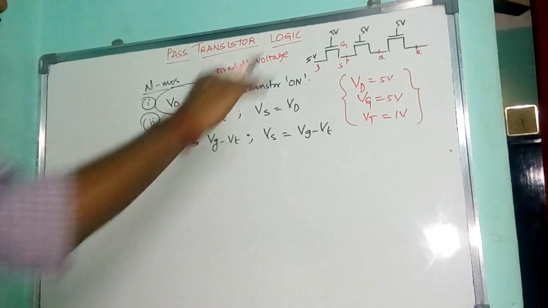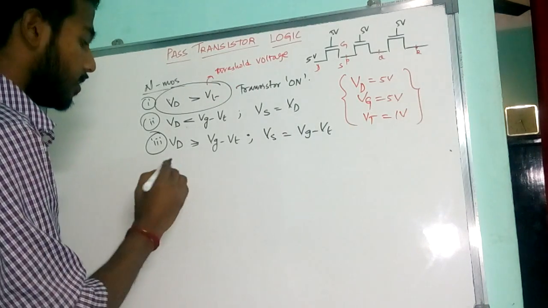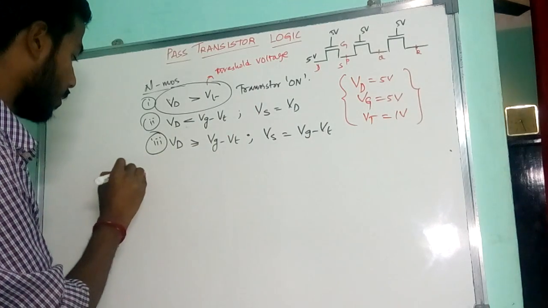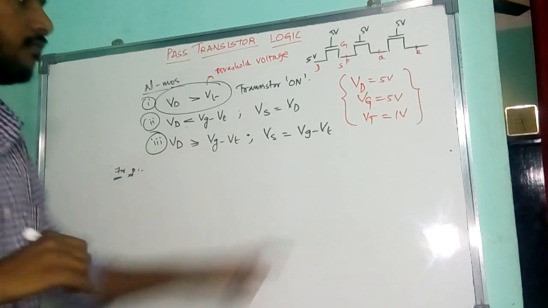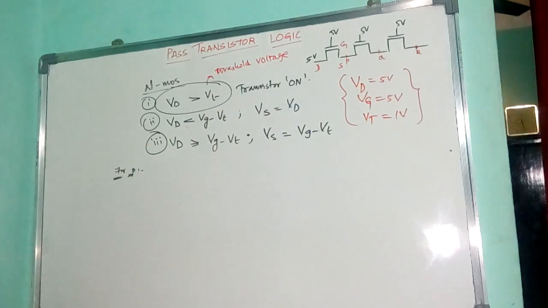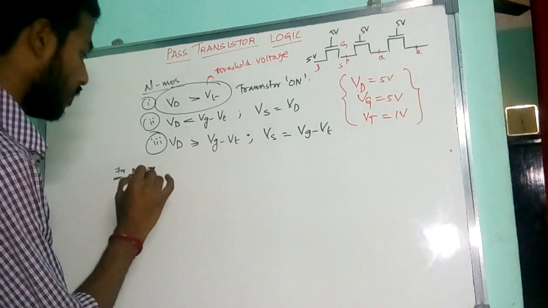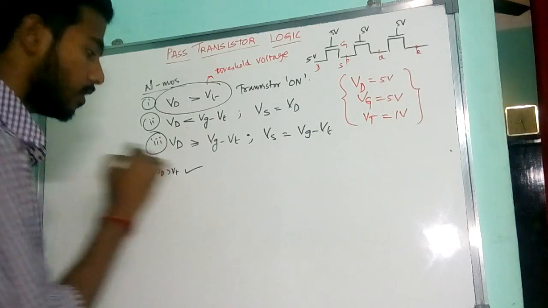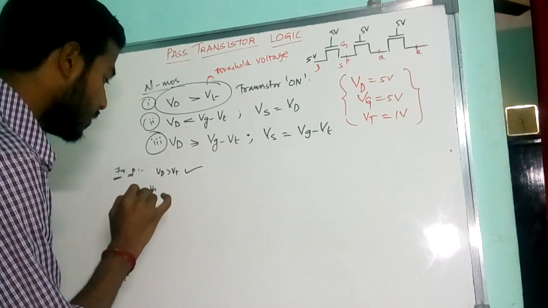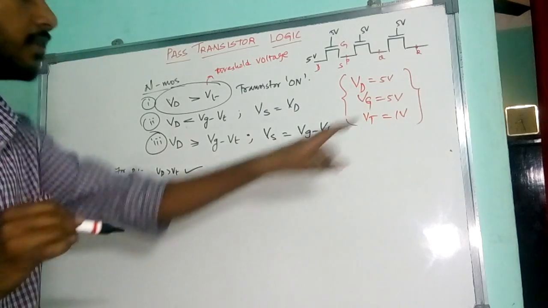Now we'll go into the sum. For the first transistor, for finding the P voltage, Vd is greater than Vt, that is for sure. So the first condition is satisfied. The next step is to calculate Vg minus Vt. What is Vg minus Vt?